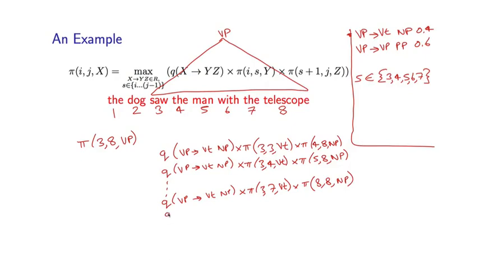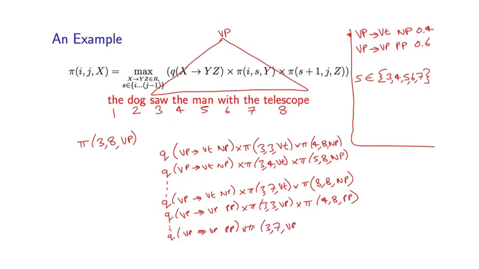And then I can do a similar thing where I have q of VP goes to VP PP times pi of 3, 3, VP times pi of 4, 8, prepositional phrase. So that's where I've chosen this rule, and the split point is 3, right the way through to q of VP goes to VP PP times pi of 3, 7, VP times pi of 8, 8, prepositional phrase.